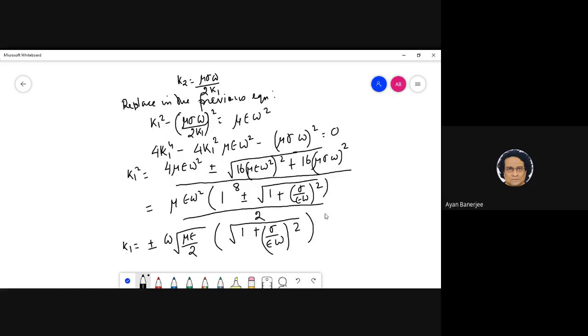This one is half, plus minus 1, half. Right? And K2 obviously you can get from here. If you just do 2 by this thing, you will get K2.